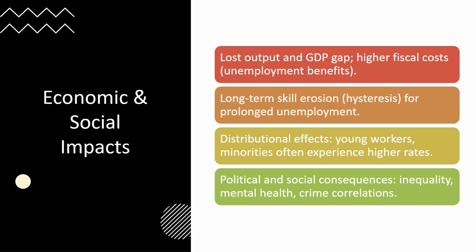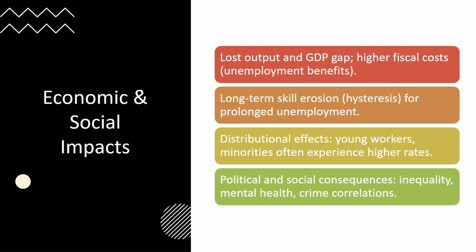Economic and social impacts. What happens when you have unemployment? One, you have lost output, or GDP gap. If you have high unemployment, you are not using those skilled workers, and so you might have a decrease in output or a decrease in GDP.